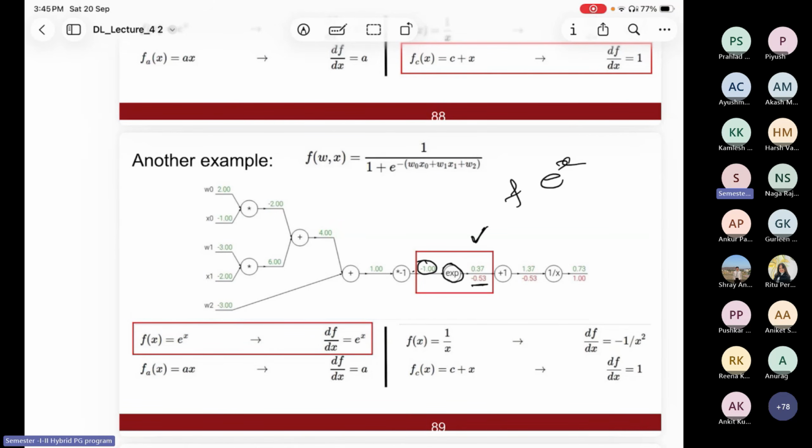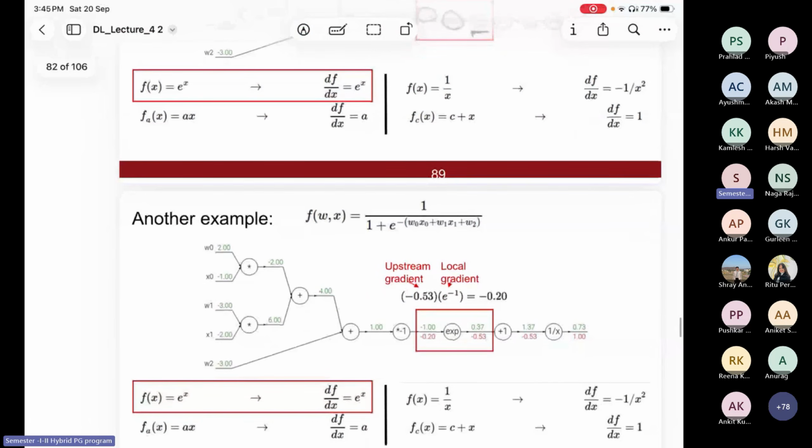Suppose this is the function, then the gradient of f with respect to x is e to power x only. And what is the value of x? That is minus 1. So e to power minus 1 into the upstream gradient, 0.53. You can see in the next slide we are doing the same. So 0.53 into e to power minus 1, and that will give you the gradient of this final variable with respect to this variable. Okay.